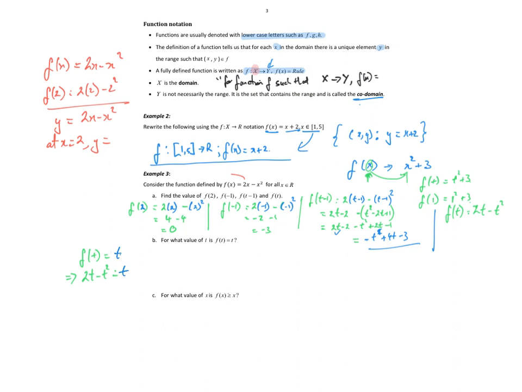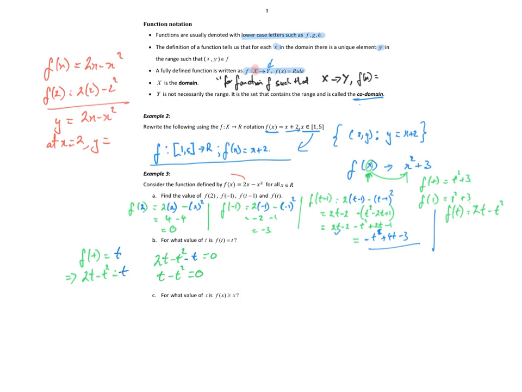So now how do we solve this equation? We group all the terms together, get like terms. So if I subtract, so I've got 2t minus t squared, I'm going to subtract t now, equal to 0. So what does that mean? 2t minus t is t, minus t squared is equal to 0.